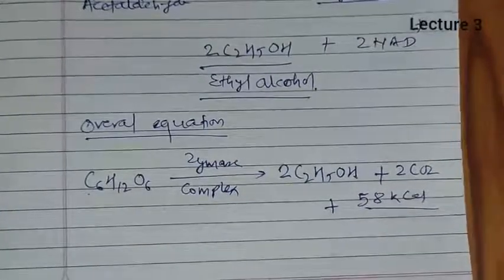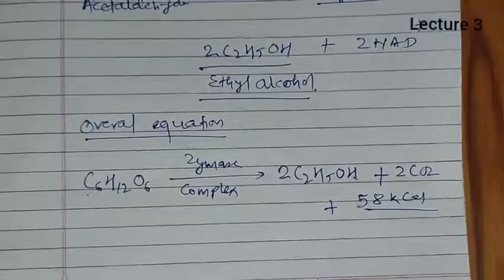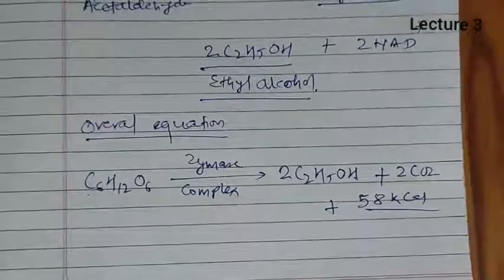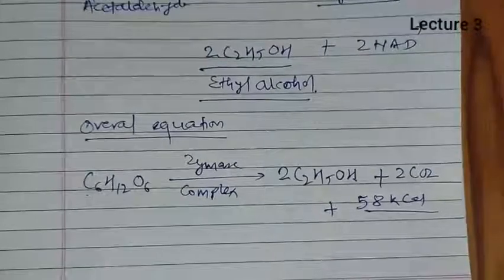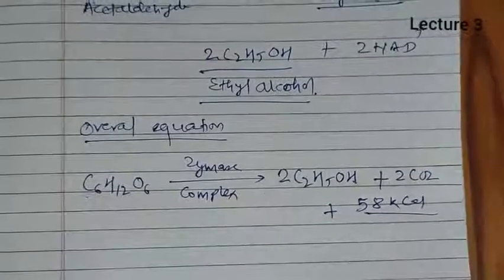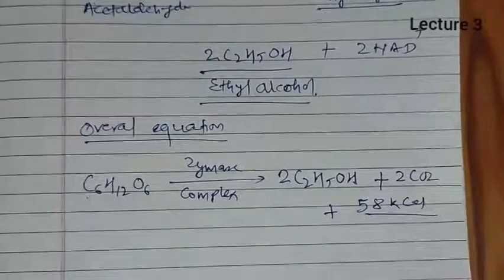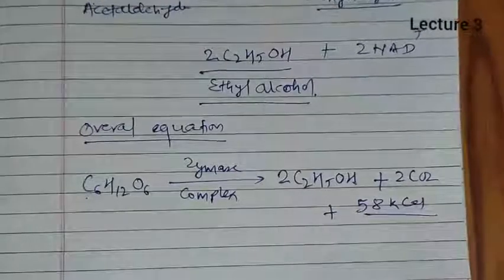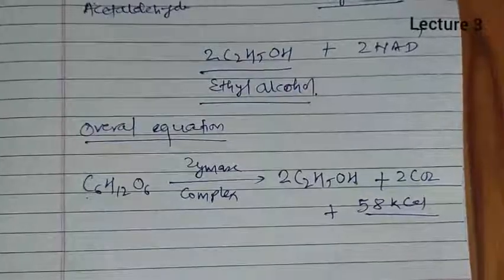Because glycolysis is common to aerobic and anaerobic respiration, the 2NADH2 synthesized in glycolysis get used here. So only 2 ATP net are obtained, equivalent to about 58 kilocalorie.